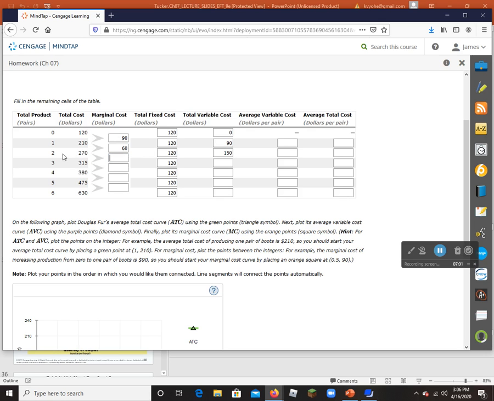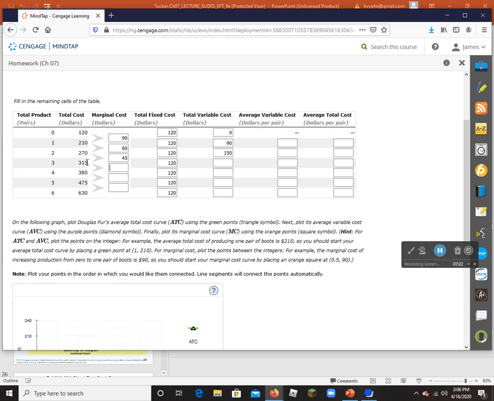The next one, going from 2 to 3 units, we go in total cost from 270 to 315. 315 minus 270 is $45. The marginal cost of the third unit is $45. At 3 units of output, our total costs are $315.